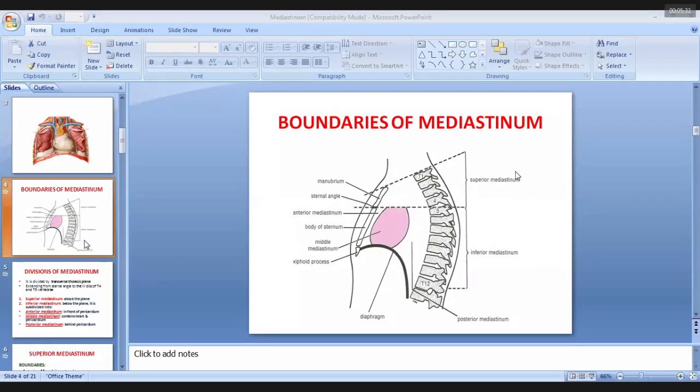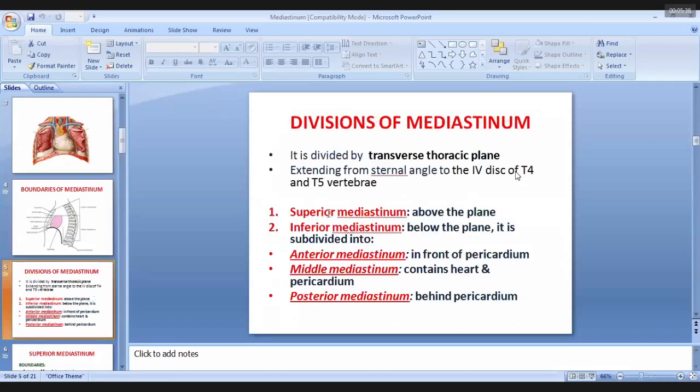So the plane which divides the mediastinum into two main parts, the superior and inferior mediastinum, is an imaginary plane known as the transverse thoracic plane, that extends from the sternal angle anteriorly to the intervertebral disc of T4 and T5 on the posterior aspect.